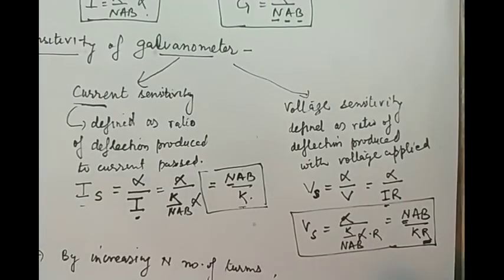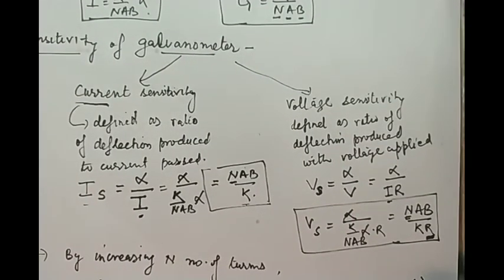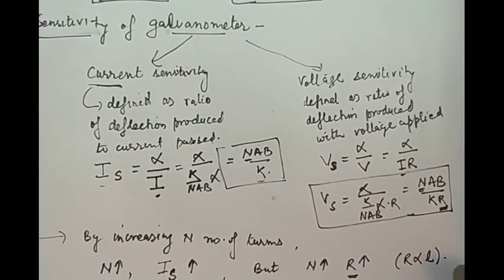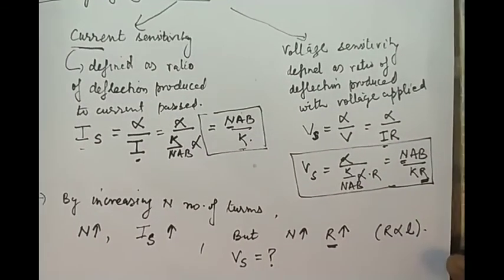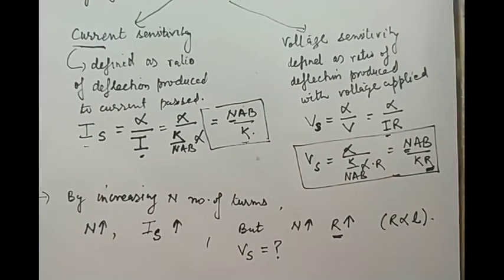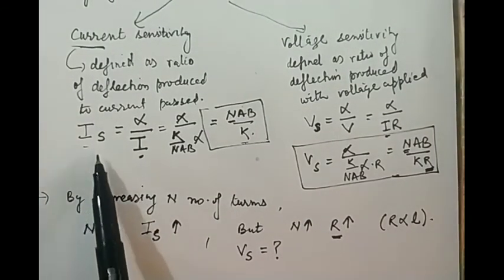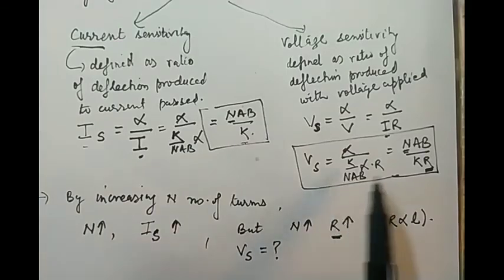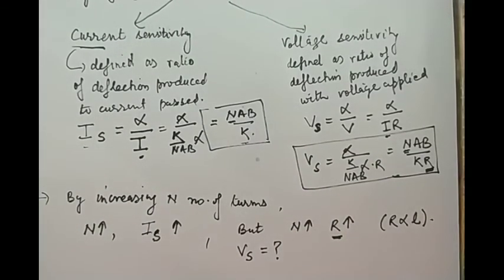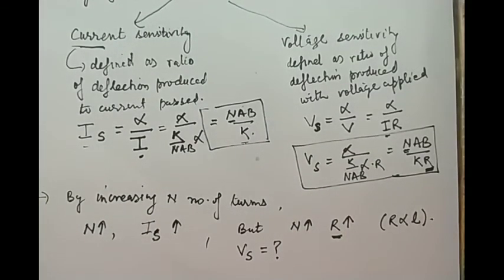Now a question is asked: if I increase the number of turns, can we increase both the sensitivities, current sensitivity and voltage sensitivity? Because if you see the formula, current sensitivity is proportional to N, and voltage sensitivity is also proportional to N. But that is not the case, because as we increase the number of turns, no doubt the current sensitivity increases.